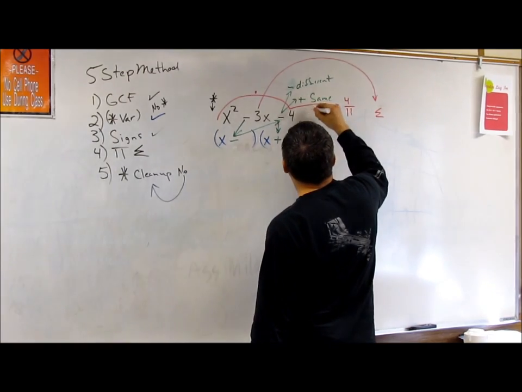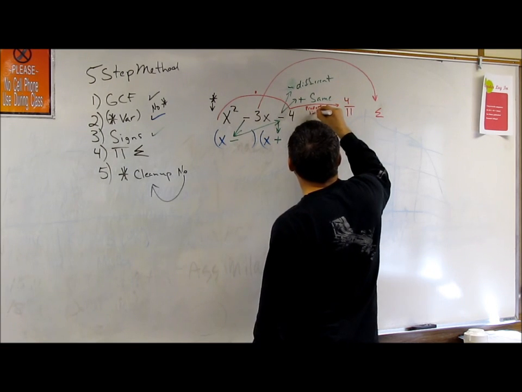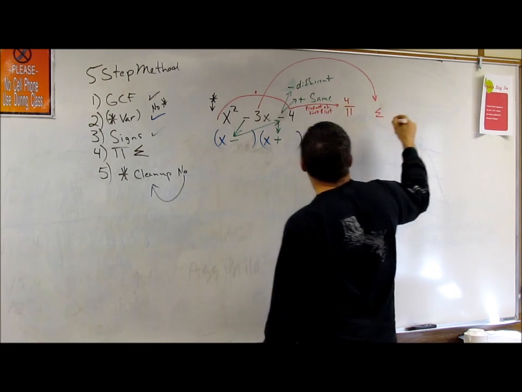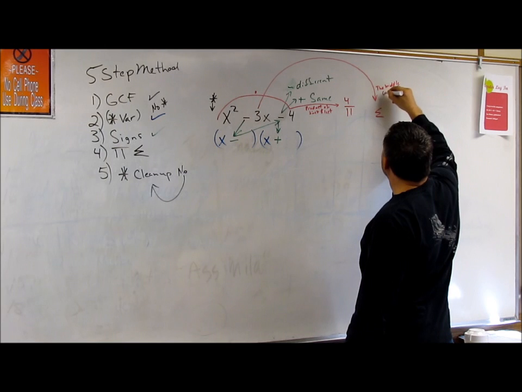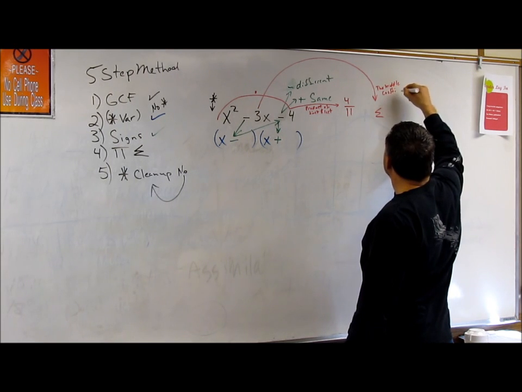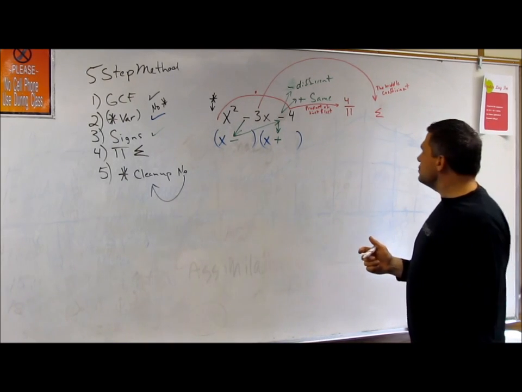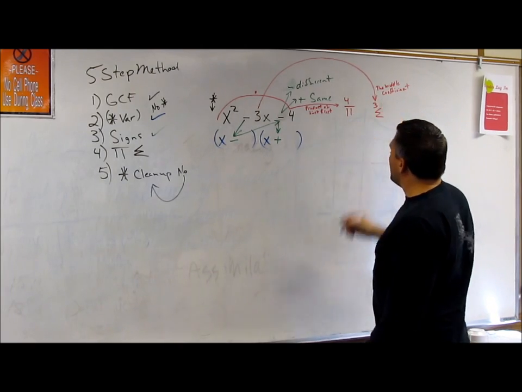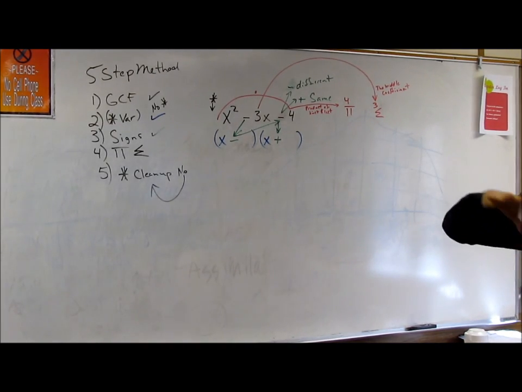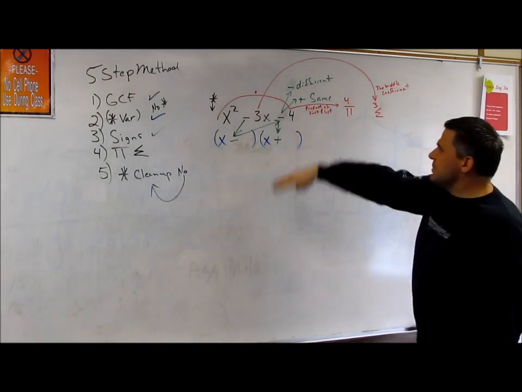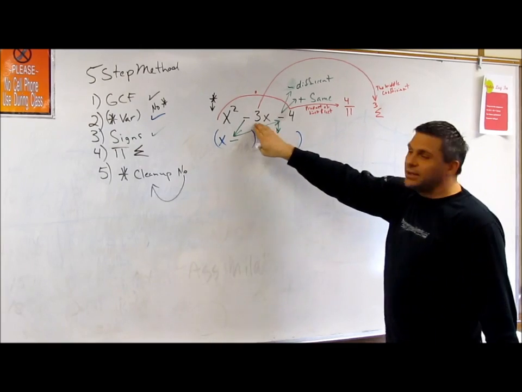So the product of first and last, and the sum is the middle coefficient. And in this case it's 3. And we don't care whether they're plus or minus. Doesn't matter with what I'm doing, with my 5-step method, because we already took care of these signs. So signs are done. We don't care. We just take the number.